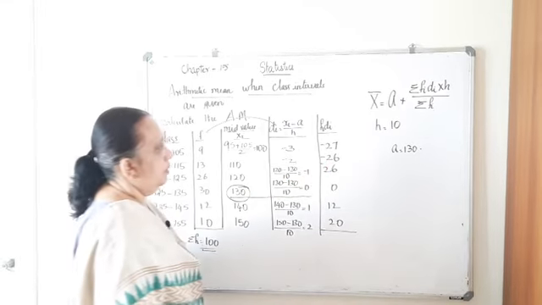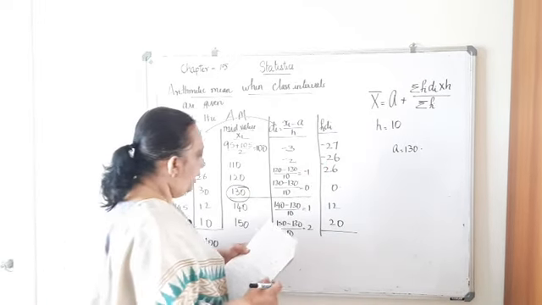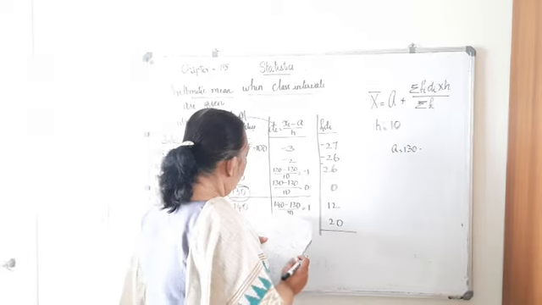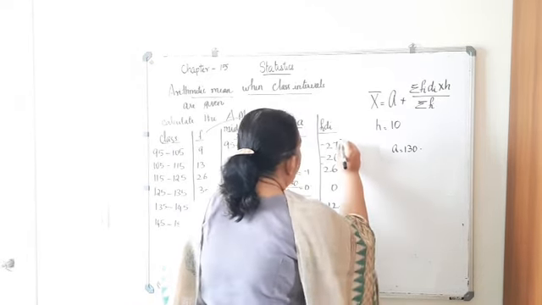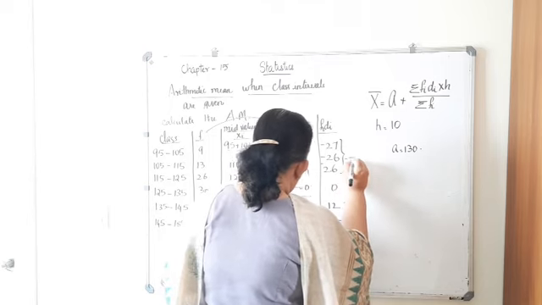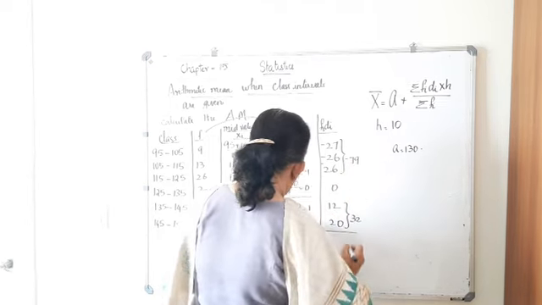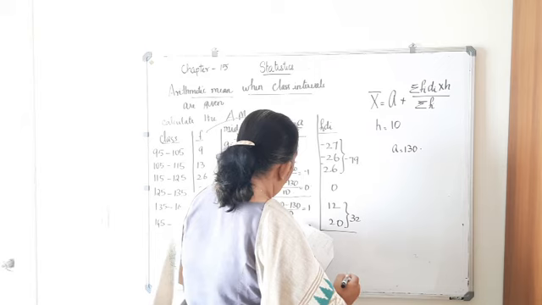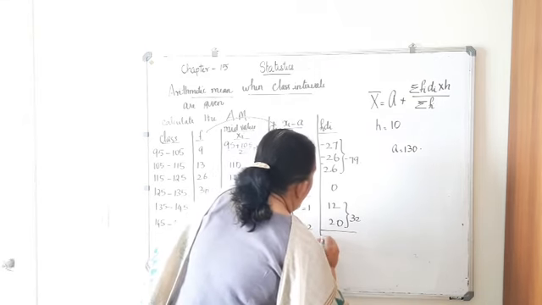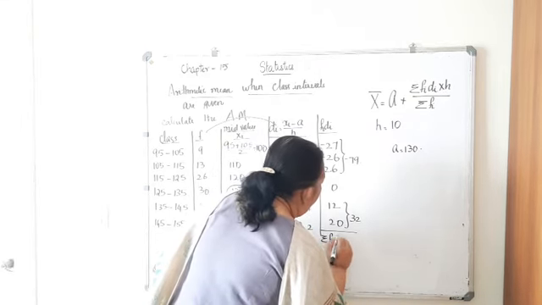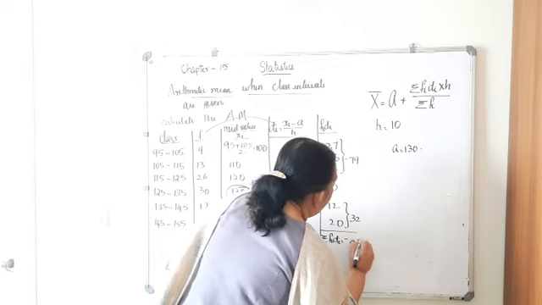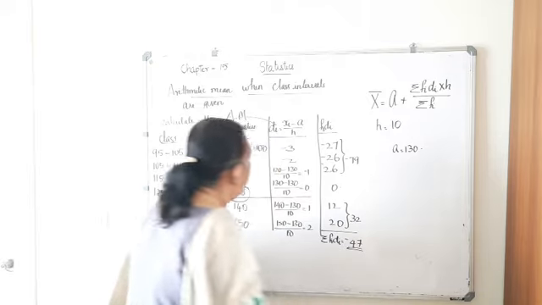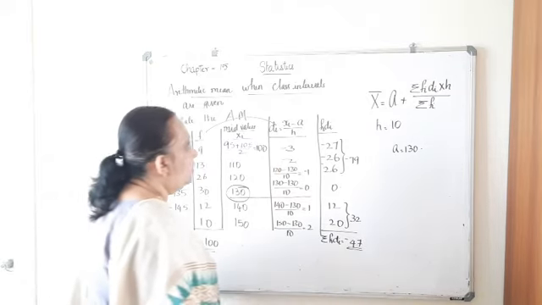So what is sigma Fi di equal to? Adding up, it is equal to minus 47. So I have all the values.